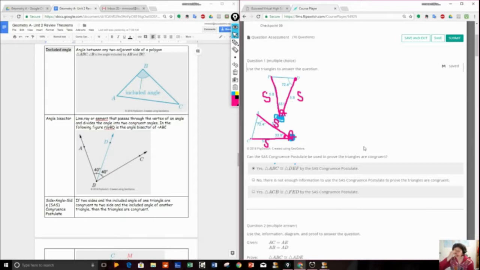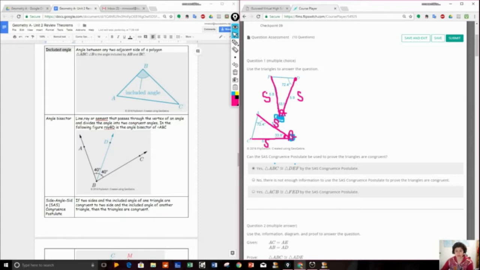Now one question you might have is, can I use any vertex and the two sides that are touching that angle to check for side, angle, side? And the answer is yes. Any of these vertices we could have checked, just like we started with angle A and its corresponding angle D, and it didn't work.